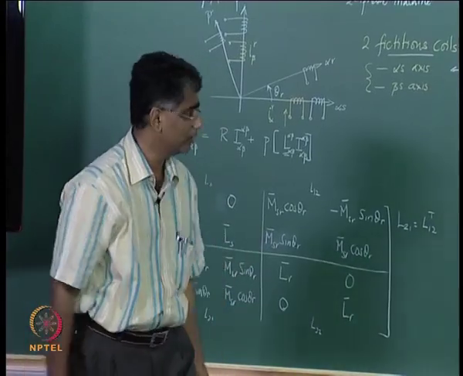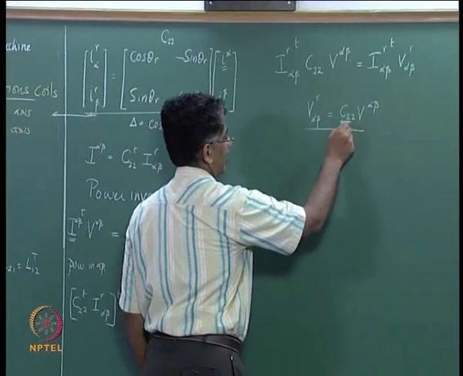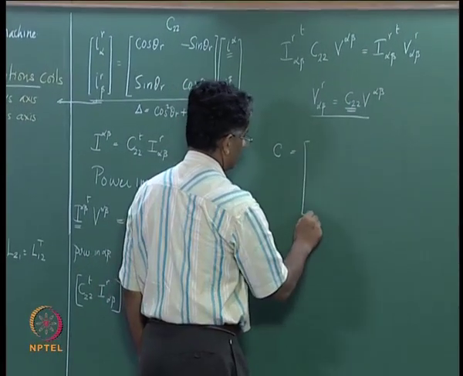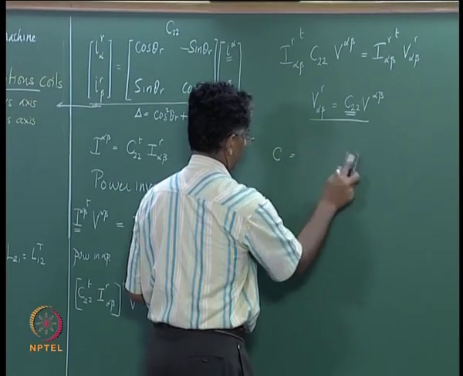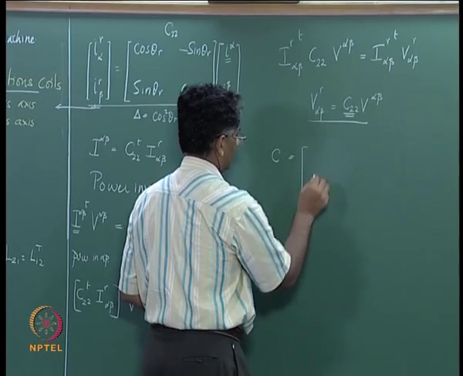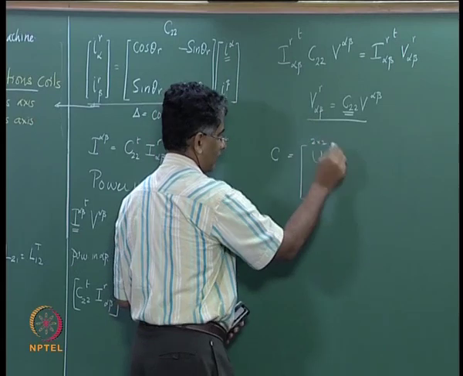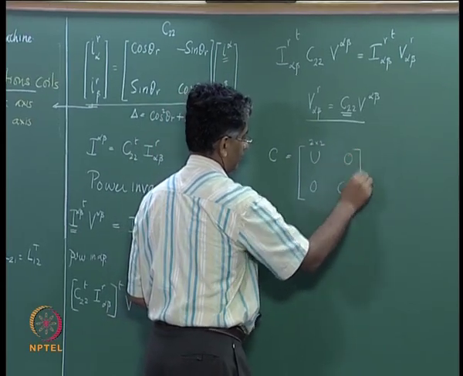That is what we need to verify now, and therefore we will define an augmented matrix C, which is, let me put it in a short form, the identity matrix U, which is 2 by 2, and then the 0 matrix and C22.